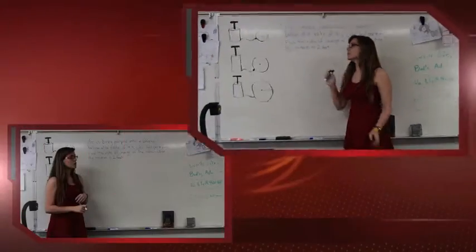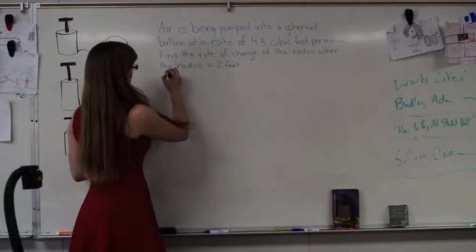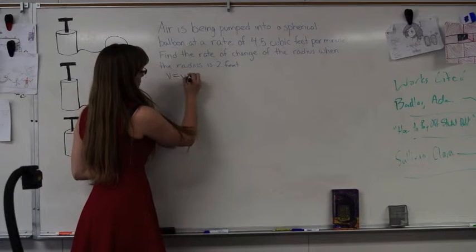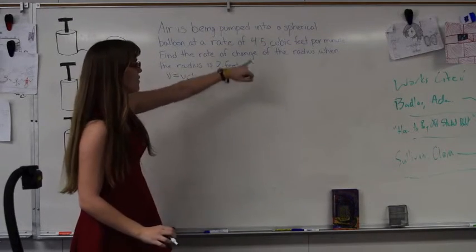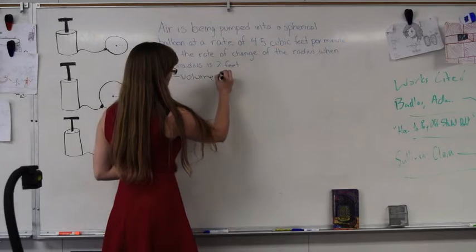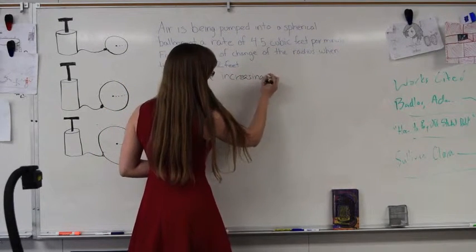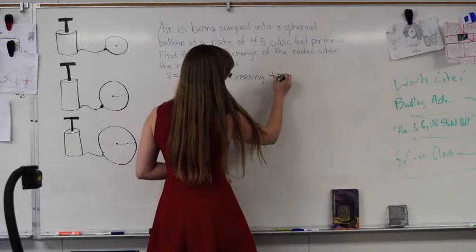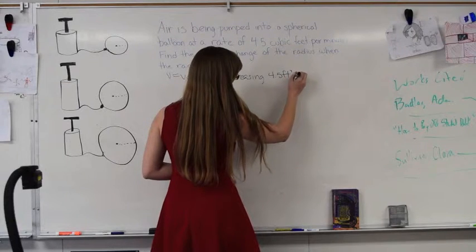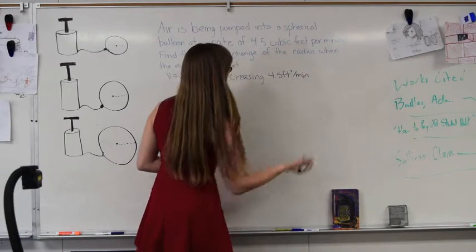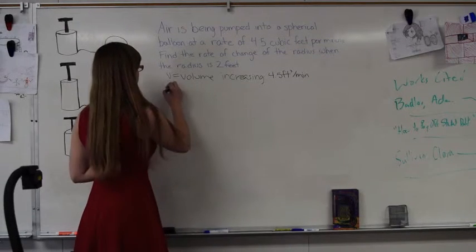given this diagram. So we have to start with the given first, with the given volume, V equals volume, which is increasing at a rate of 4.5 cubic feet per minute. Okay, and then also along with the given, we have a radius of 2 feet.